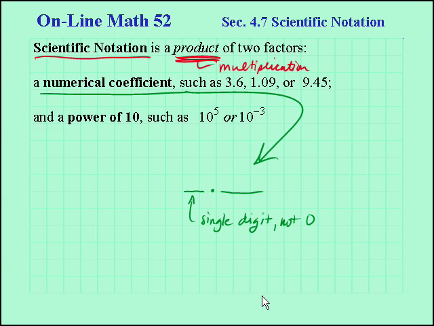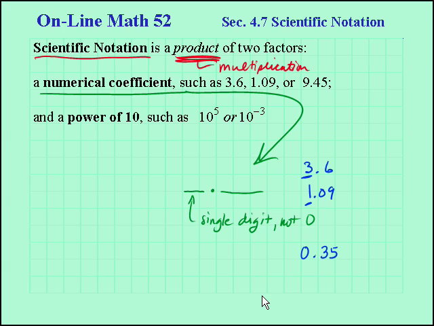So when we see the numbers that I have up here, like 3.6, there's the single digit, followed by a decimal point and a number. 1.09: single digit, 1, not 0, followed by a decimal point and 2 decimal places. The same thing is true for 9.45. What about 0.35? Is that the kind of numerical coefficient that we want for scientific notation?